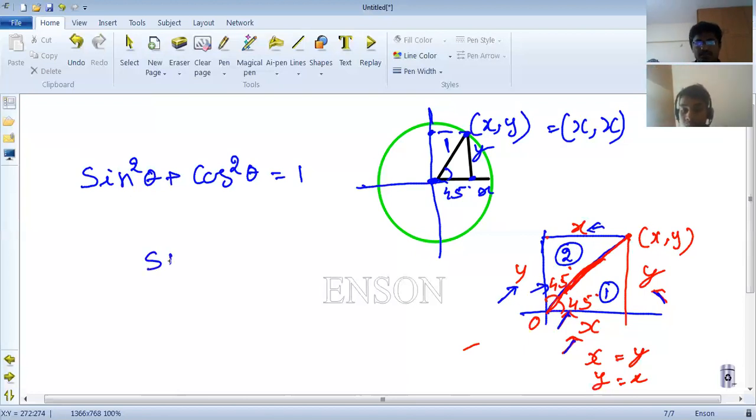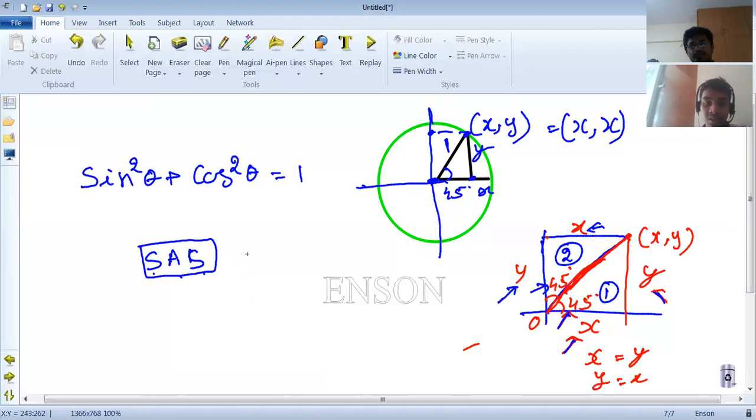The SAS postulate. Have you read this one? You must have learned it in the 10th standard. No, I learned it in ninth. Okay. From these postulates, you can say the two triangles are congruent.